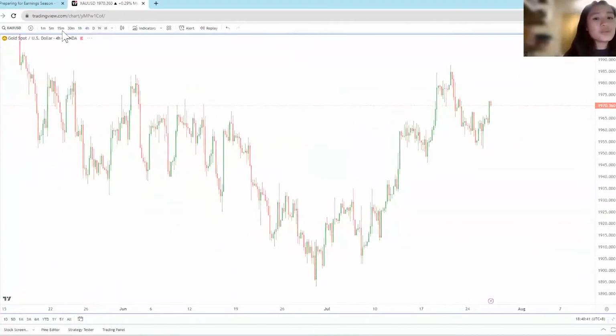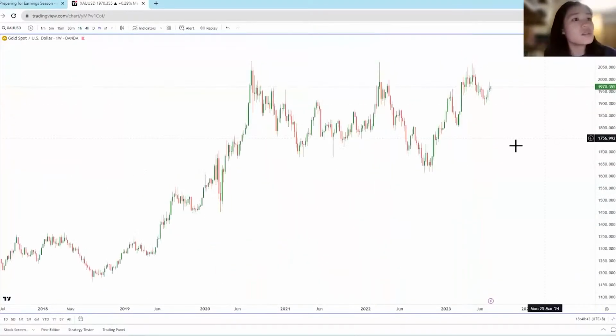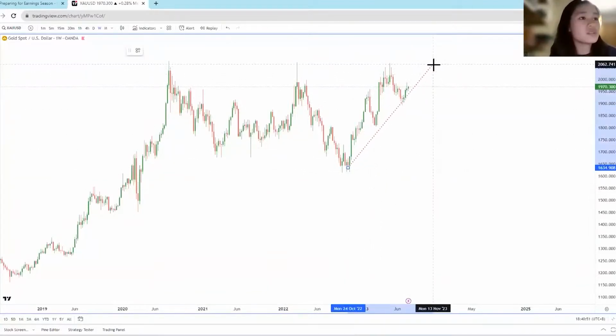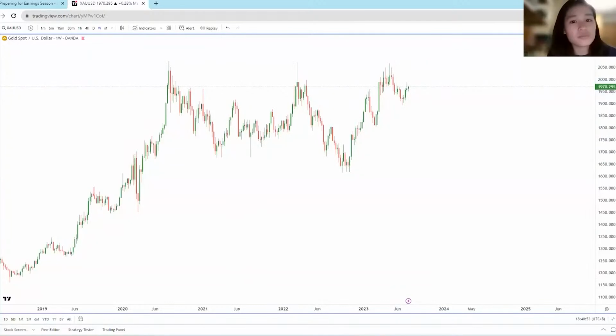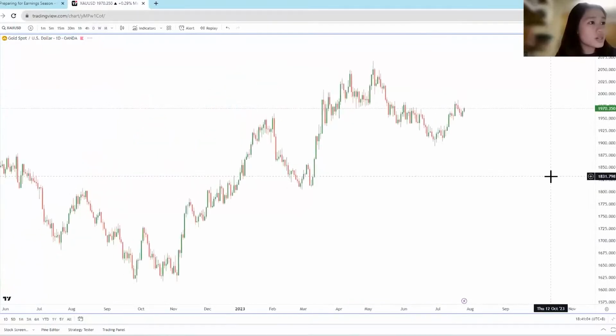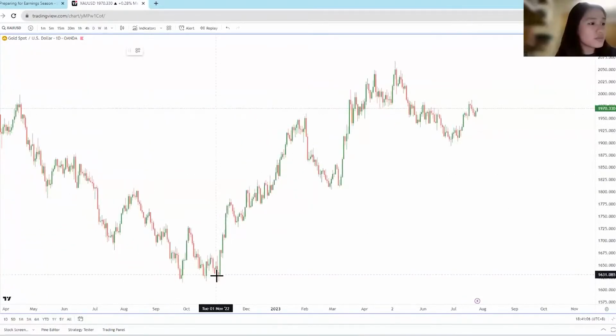Okay, same thing, we're gonna look at the weekly time frame first. Prices are pretty, okay, it looks like prices are headed upwards, quite bullish over here. We have 3 swing highs, but apart from that, nothing else. Okay, here's our daily time frame.